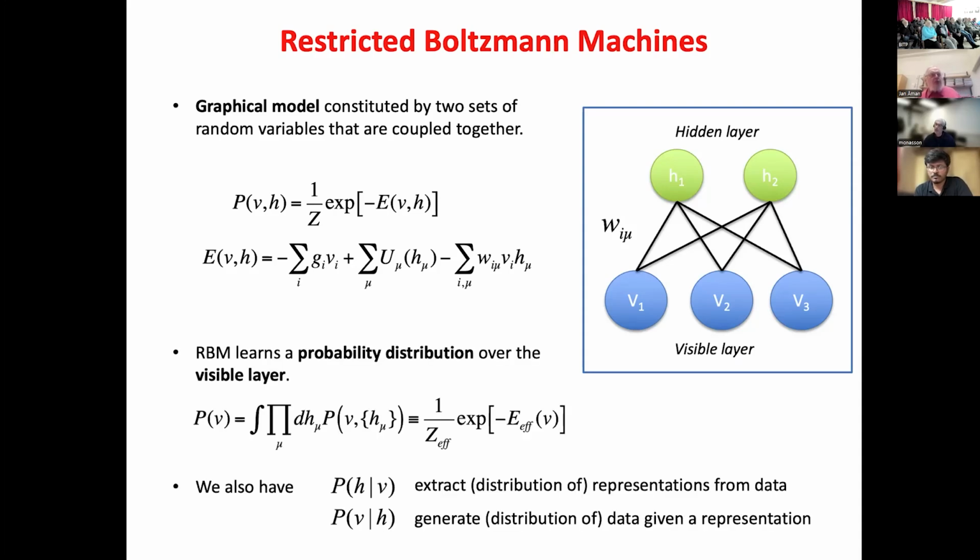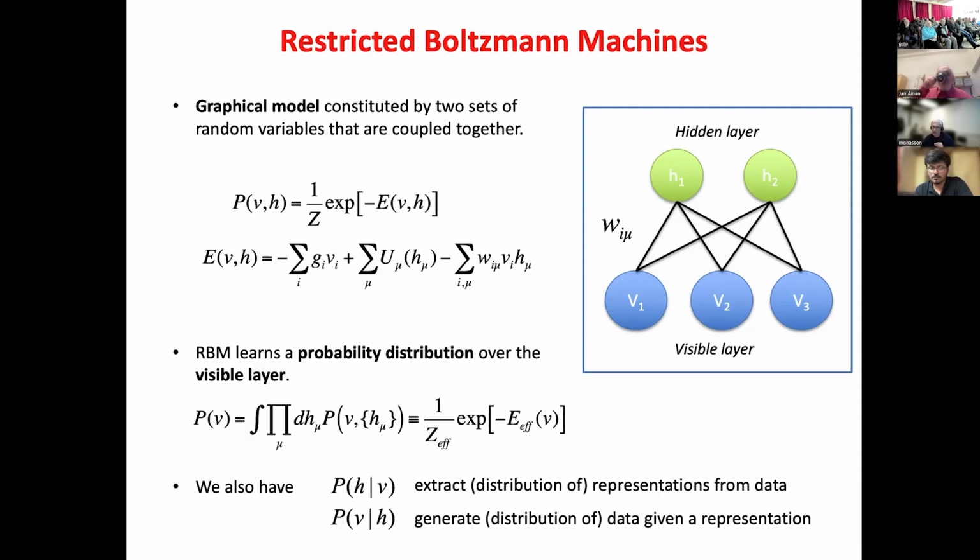Okay, so how do we learn the model? Well, formally, if we integrate out these latent factors of variability, these H's, we define the marginal distribution over the visible layer, then we get an effective energy, and we are back to the Boltzmann machine in a way. So we want to maximize over the data set the product of the P of V over the data items we have.